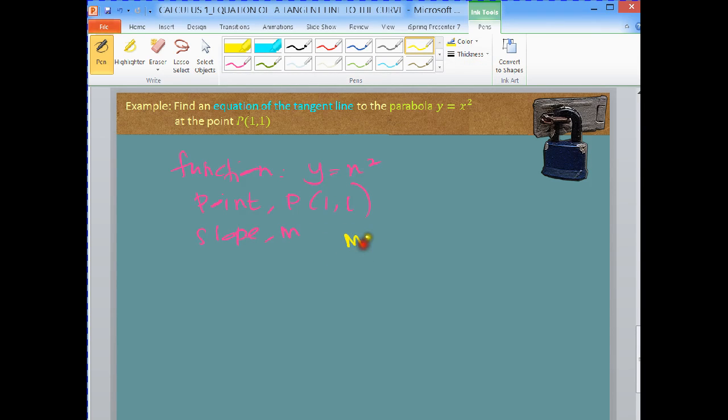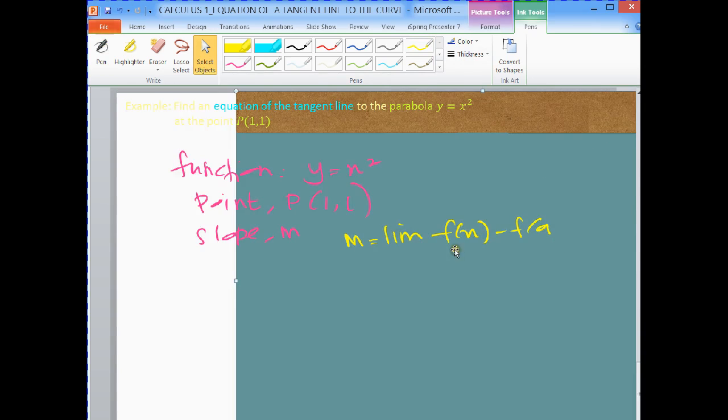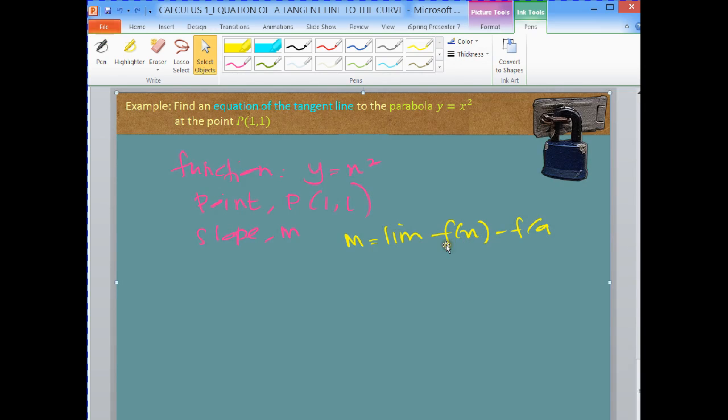So m is equal to the limit of (f(x) - f(a)) over (x - a), where x is approaching a. So now what is f(x), what is f(a), what is a?